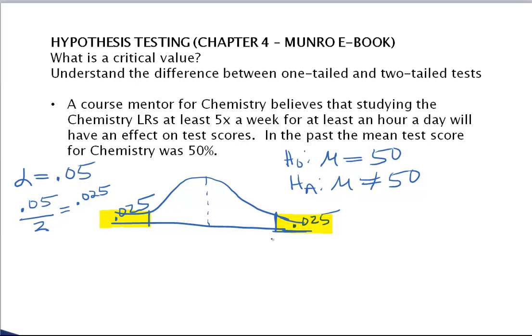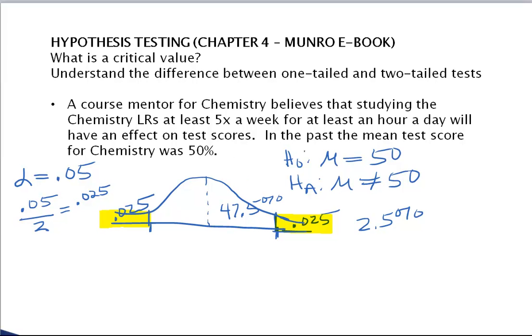And if I want to find out what this z-score is, well, then I'd have to say, okay, this is 2.5% of the data's here. I just converted this to a percent. And then here, that would mean that this would be 47.5% of the data is here.